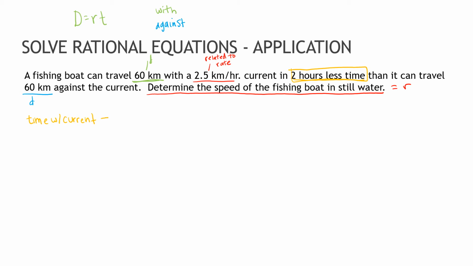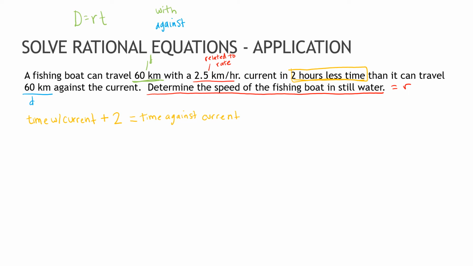So I'd have to add 2 hours to the time with the current to make it equal to the time against the current. Hopefully that makes sense. So why did I do it that way? I'm not using variables yet, because it just makes sense to determine how the two times are related.